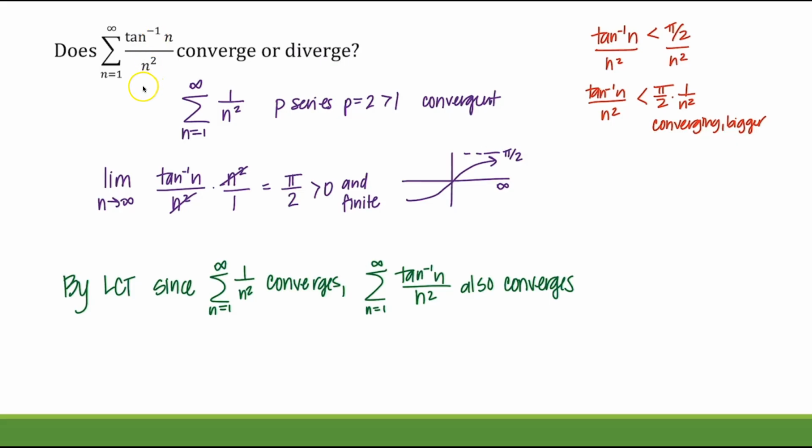So how can you tell which test to use and when? I really wouldn't use the direct comparison test personally if it wasn't just a nice function over a nice function, or it's just off by a number, versus, let me just rewrite the last example that we looked at real quick. The last example had so much going on. 3n squared plus 5n over 2 to the n times n squared plus 4. On something like that, I would not go to the direct comparison test.